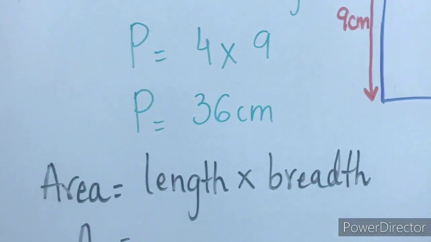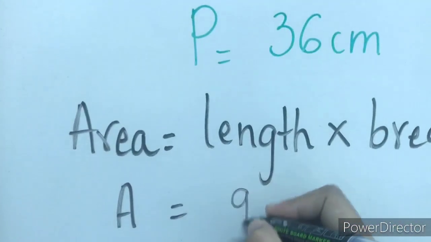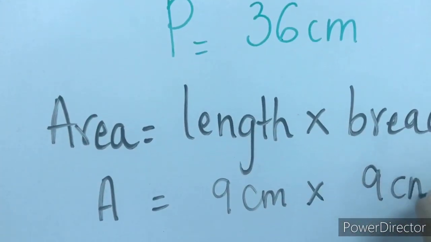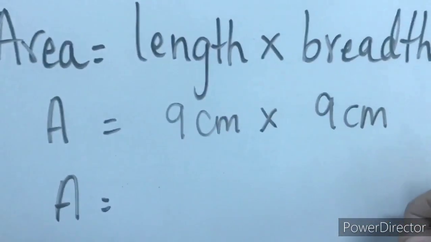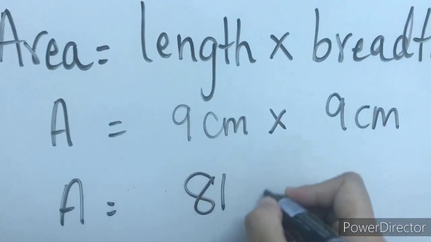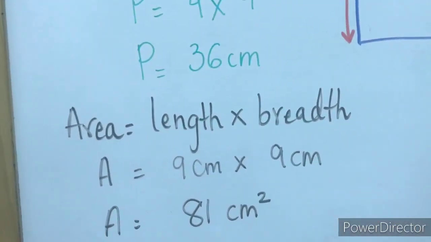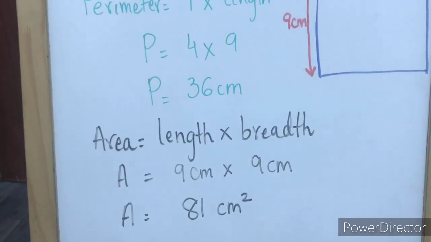Yes, because a square has 4 equal sides, the breadth will be the same. 9 centimeter multiplied by 9 centimeter, and area will be 9 9s are 81 centimeter square. Yes, this is how you are going to find the perimeter and area of the square.